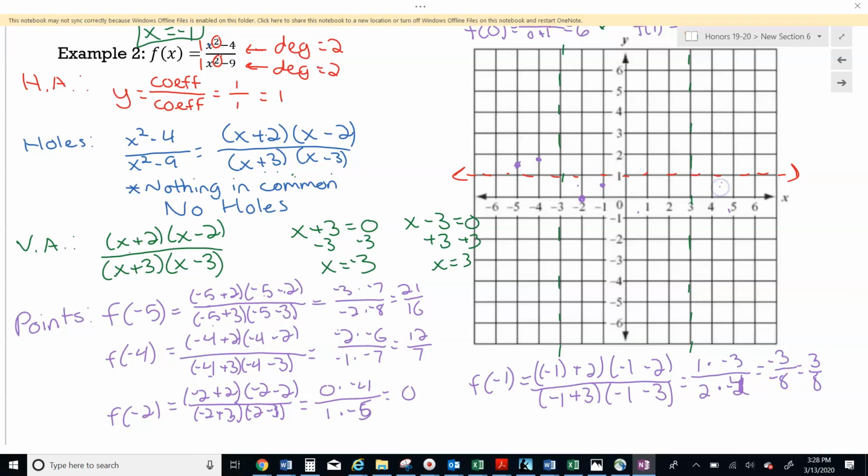I forgot to do over here. Sorry guys. So let's just pick f of 4 really quick. 4 plus 2, 4 minus 2, 4 plus 3, 4 minus 3. I forgot I had 3 different spaces. That's 6 times 2 over 7 times 1, 12 over 7.